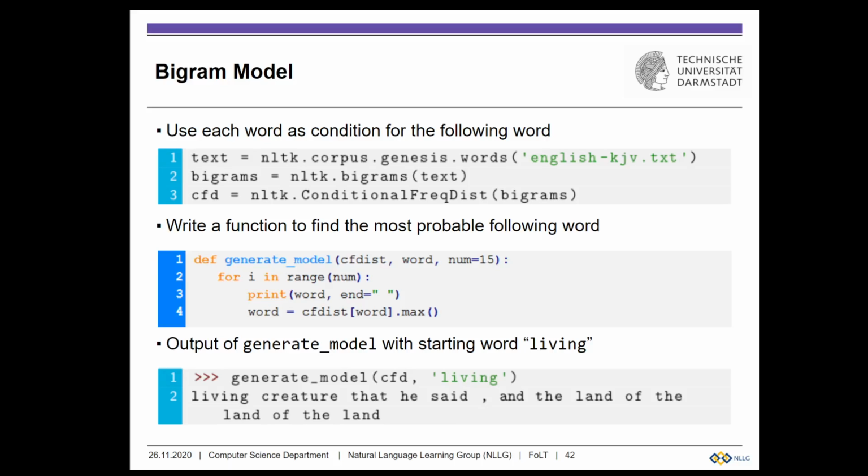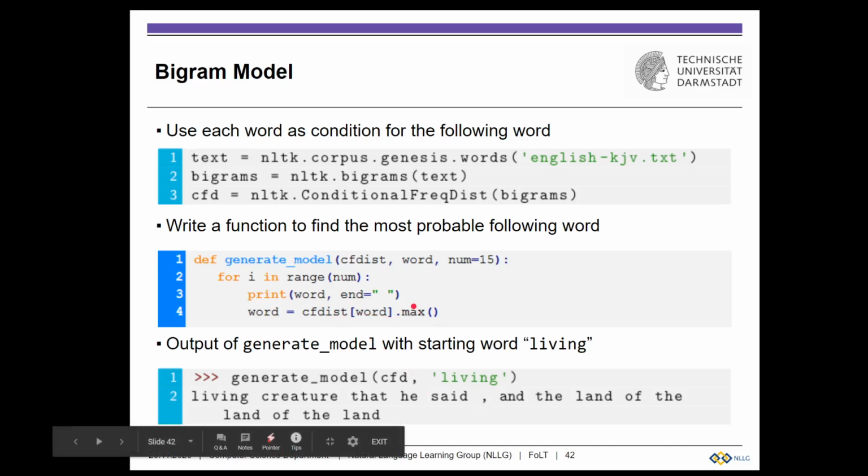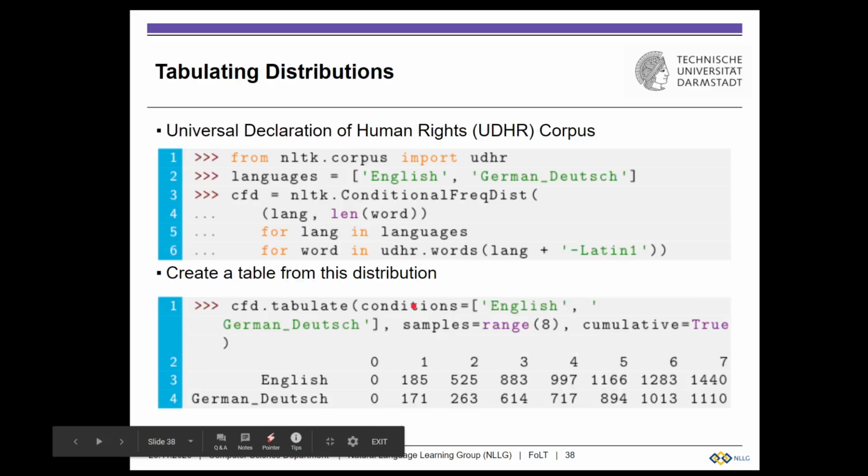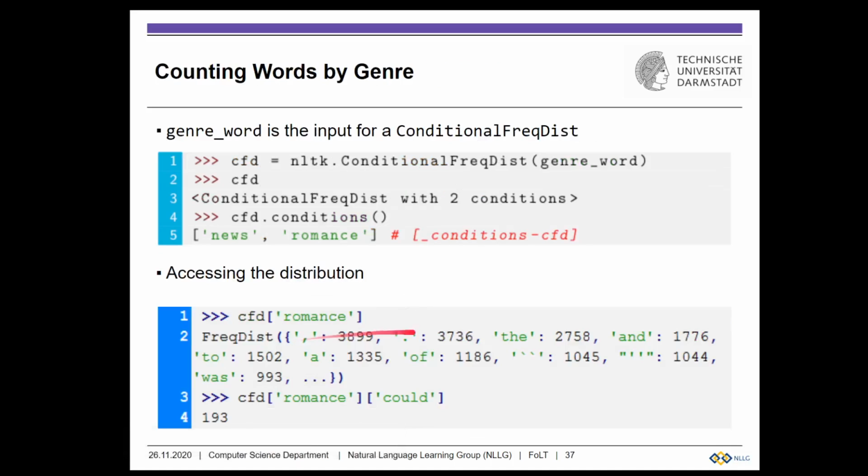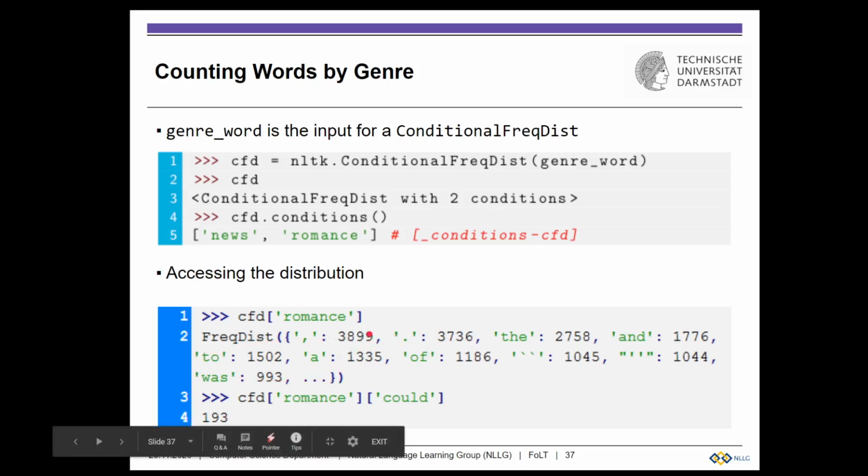So in practice, if you want to make that smarter, you would actually sample. Instead of taking the max here, you would sample from this distribution. Let's say the word comma occurs 3,900 times. You sum up all those numbers and divide, so you get a probability for the word comma.